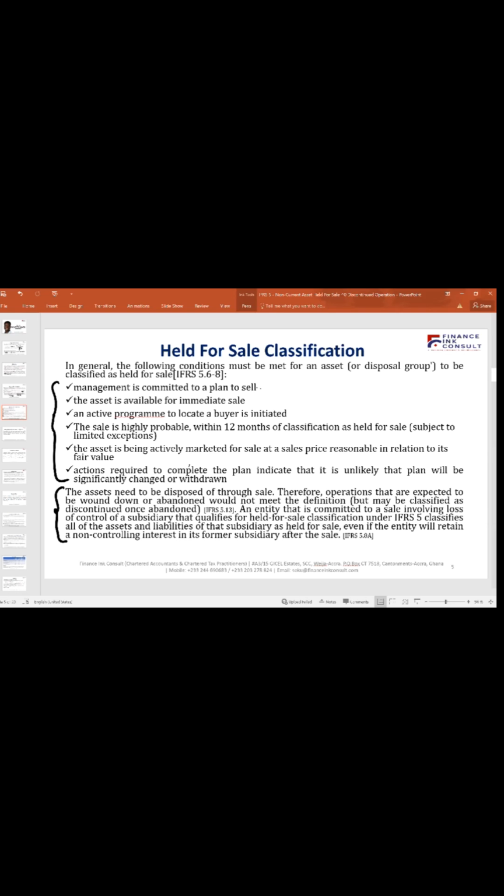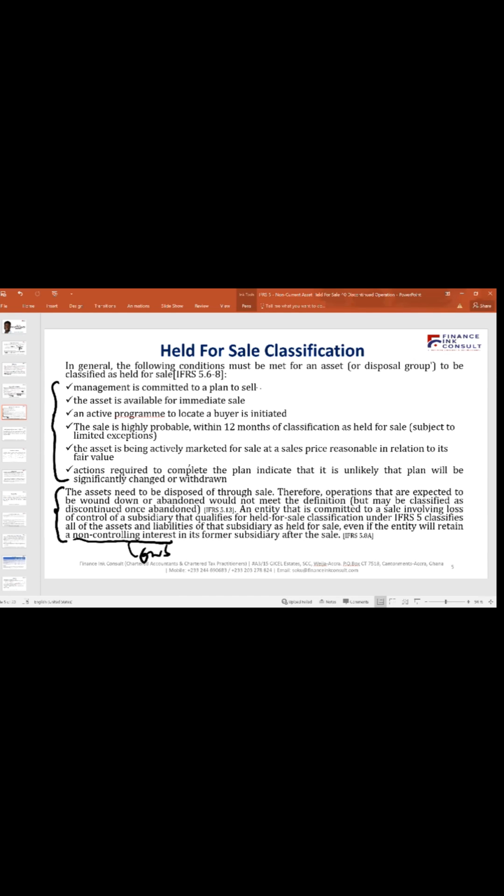An entity that is committed to a sale involving loss of control of a subsidiary that qualifies for held for sale classification under IFRS 5 classifies all of the assets and liabilities of that subsidiary as held for sale, even if the entity will retain a non-controlling interest in its former subsidiary after the sale. This is also another terminology you will get to familiarize yourself with when we are looking at consolidation.